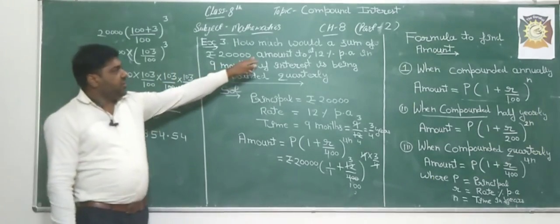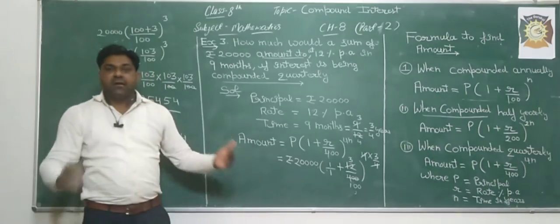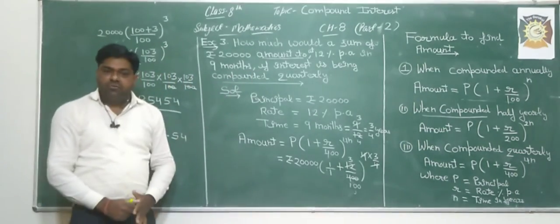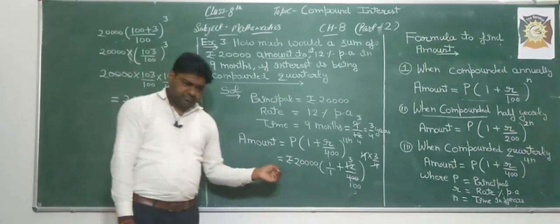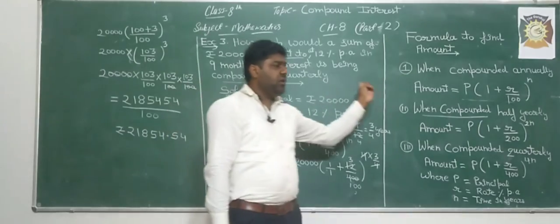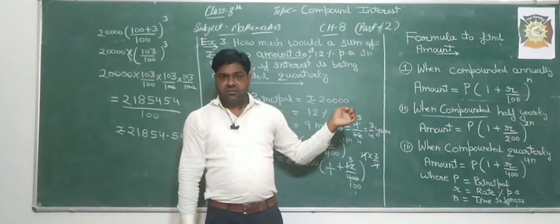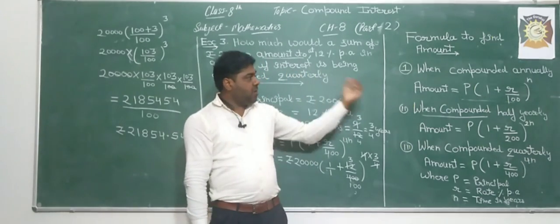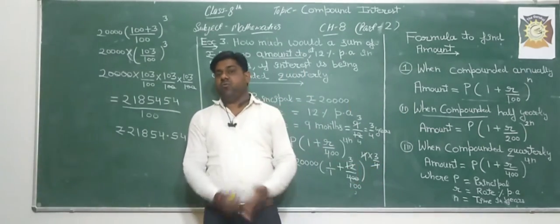Observe this thing carefully: amount to, that means we have to find the amount only, not compound interest in this question. So students, in our syllabus we have only 3 methods or 3 cases to find the compound interest: compounded annually, compounded half yearly and compounded quarterly.